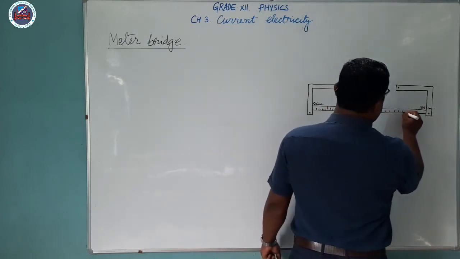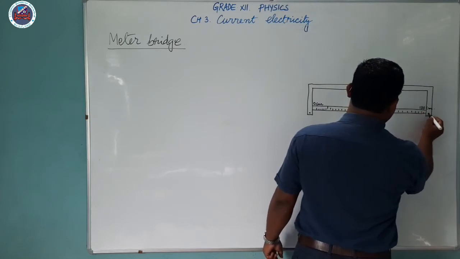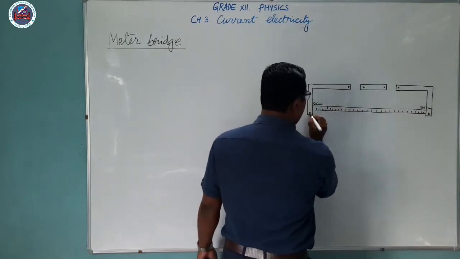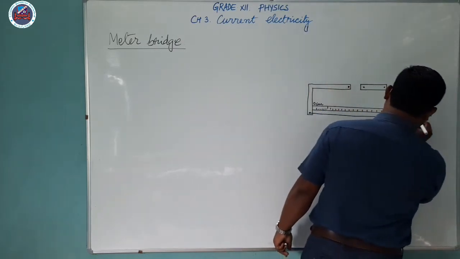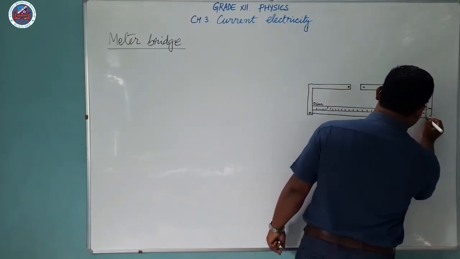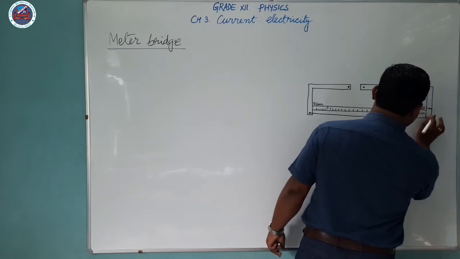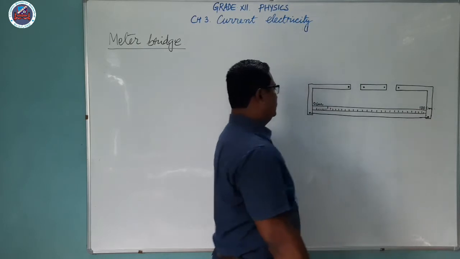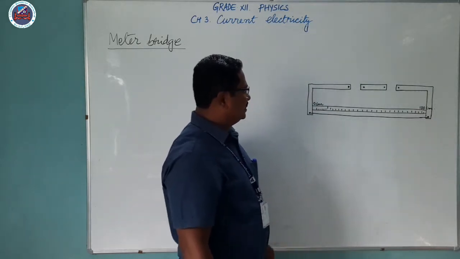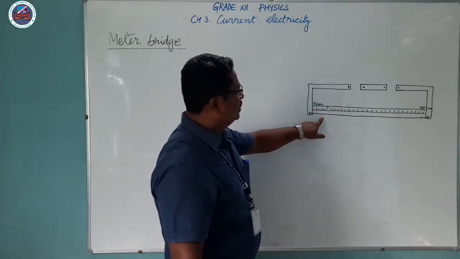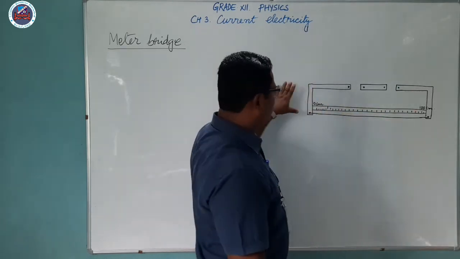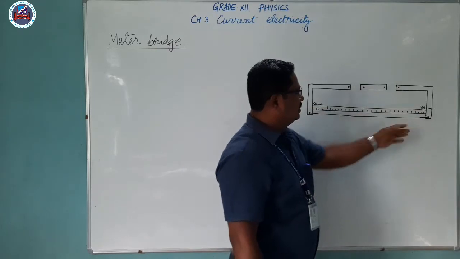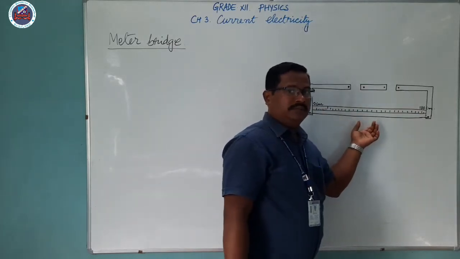Now, just at these 2 terminals, you will get 1 wire made up of manganin or Constantan alloys. Earlier we said that alloys offer very little resistance. This is the wire. This arrangement will be done on a piece of wood, and this instrument we call a meter bridge.